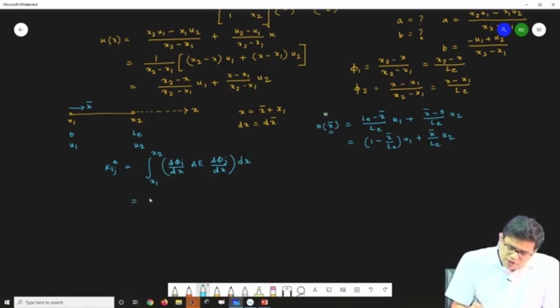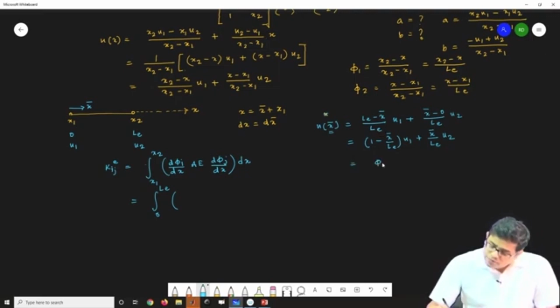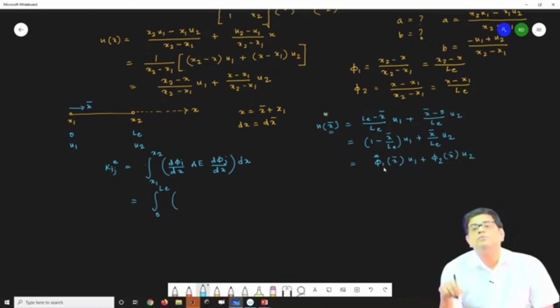Here I transfer it to the x bar coordinate system, which is naturally 0 to LE, and I use the same notation for phi 1 and phi 2. So phi 1 of x bar times u1 and phi 2 of x bar times u2. So phi 1 and phi 2 are now in terms of x bar.